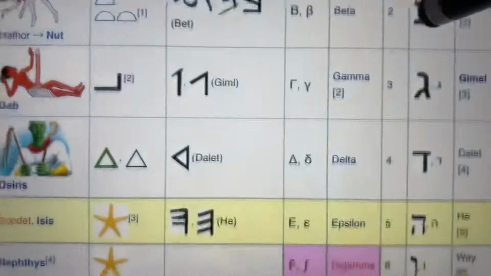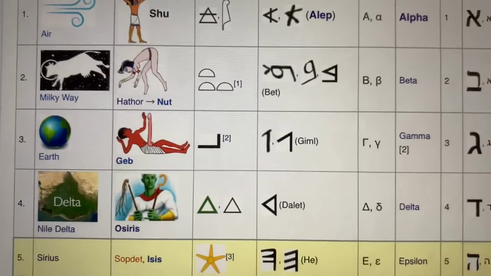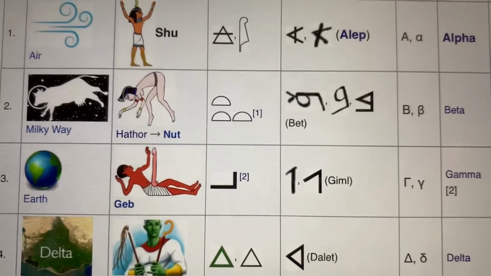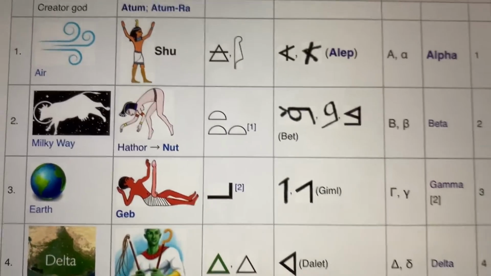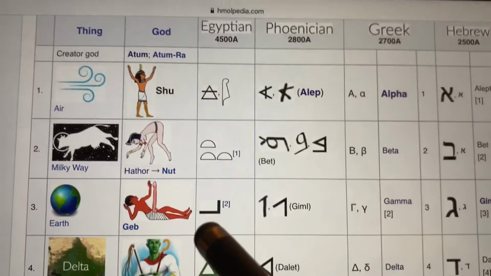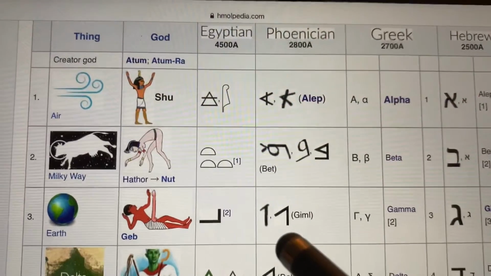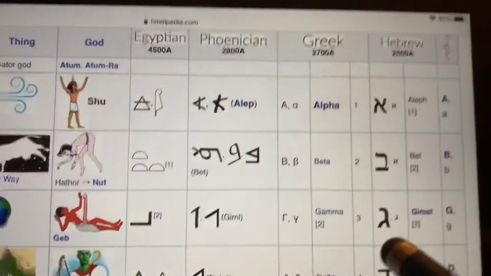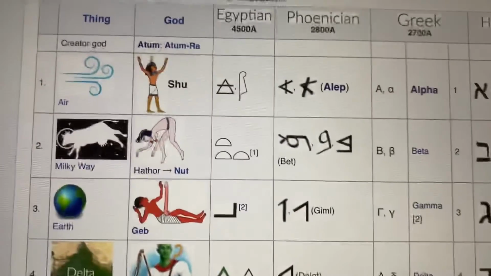Next we have Geb, the earth god, and the letter G is based on the shape of a man with an erection, which becomes the Phoenician Gimel, and the Greek Gamma, and the Hebrew Gimel.